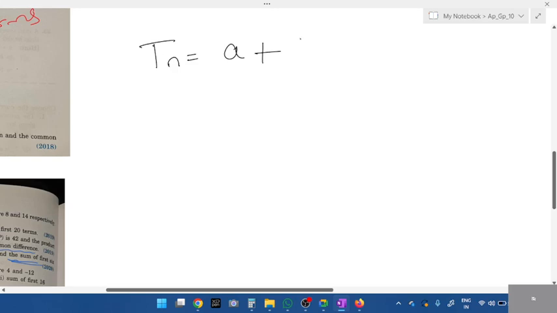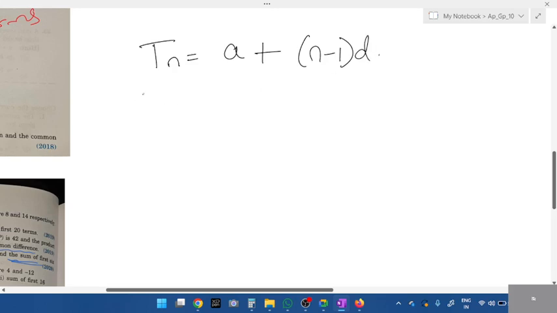What is AP formula, Naomi? 2n minus 1, you're telling 2n minus 1, bracket minus 1. A plus n minus 1 into, yes, tell me, n minus 1 into D, right?